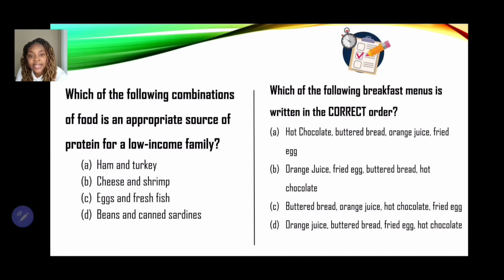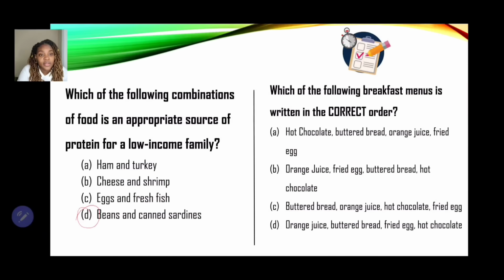So the most ideal answer here, guys, is what? Beans and sardines. Remember, we get beans from the legumes and nuts group, and their main nutrient is also protein. Beans are inexpensive, and so are the canned sardines. So with the other options, you know that option D is the most affordable.